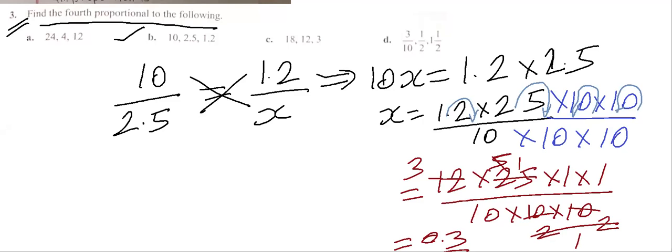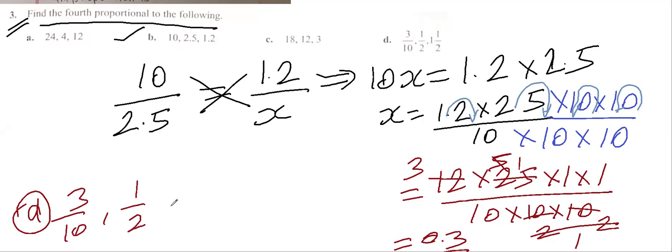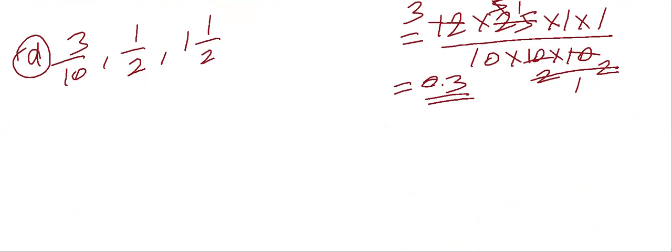Okay, so now let's solve question number 3, D sum. What it says, find the fourth proportional to the following. D1, it says 3 by 10, 1 by 2, 1.5. So I need to find the fourth proportional. Till the third number is given.